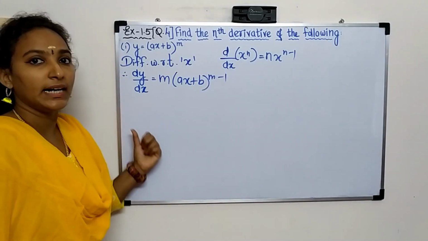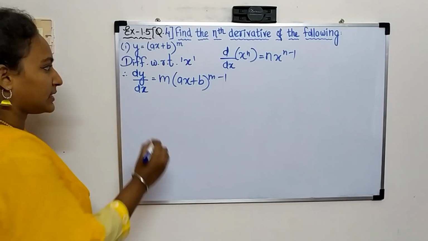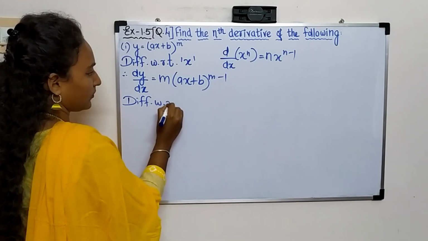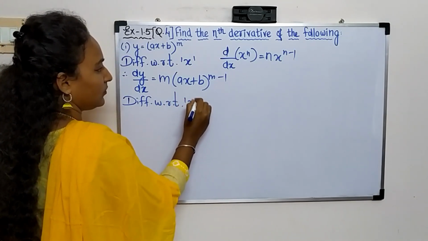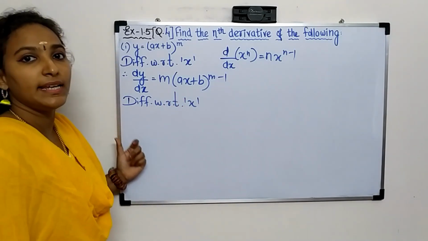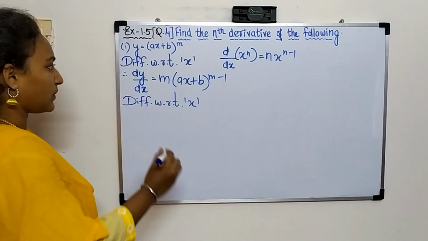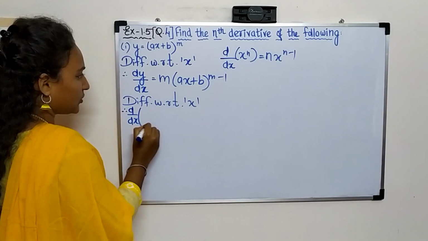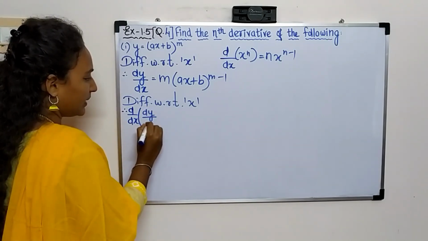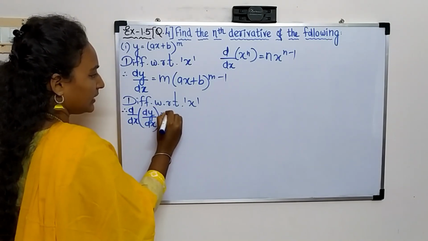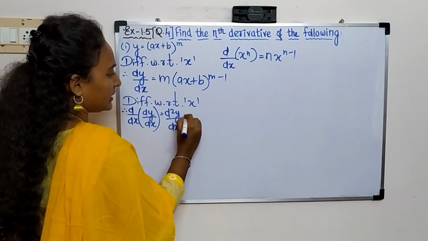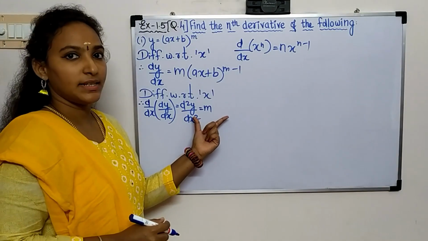Now differentiate again with respect to x, so that we get our d square y upon dx square. Therefore, d by dx of dy by dx, that is d square y upon dx square, is equal to m as it is.